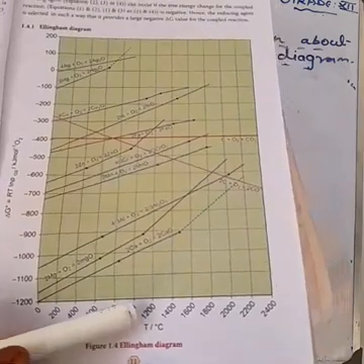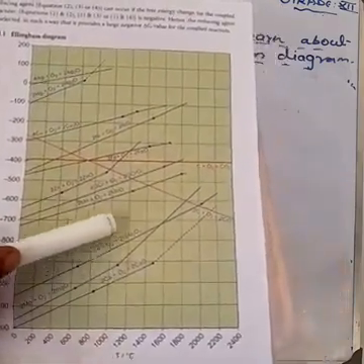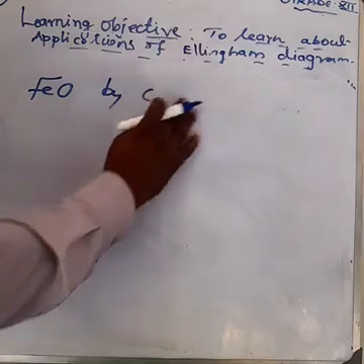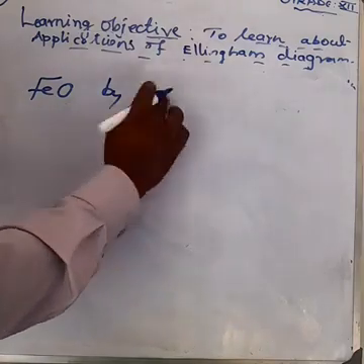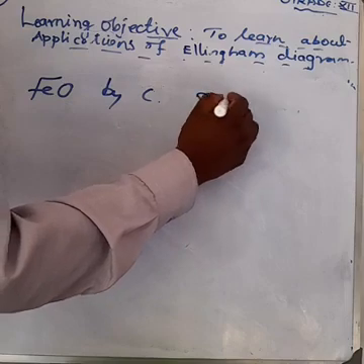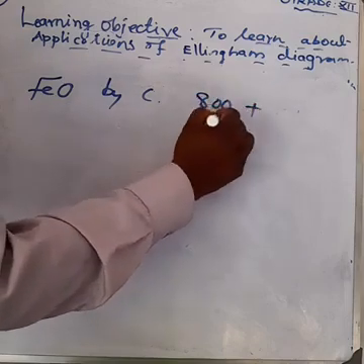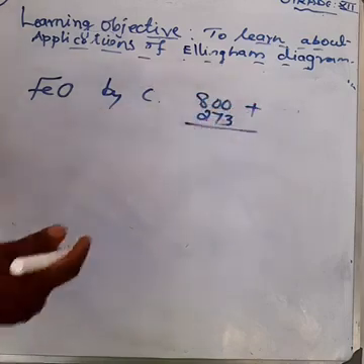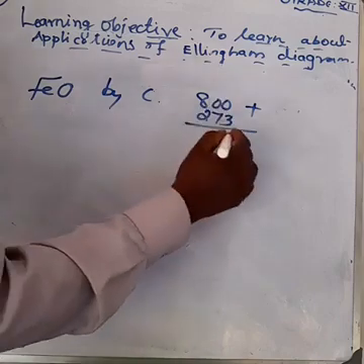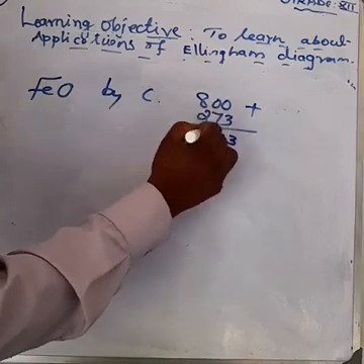Looking at the temperature, approximately here is 800 degrees. We add 273, and we get around 1000 Kelvin.